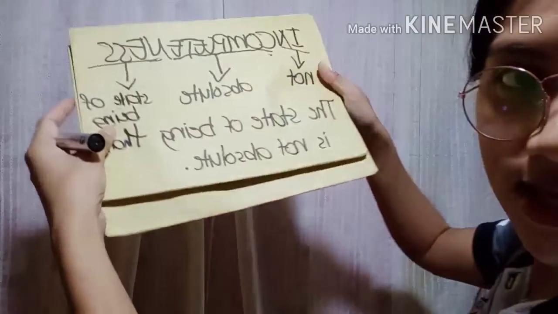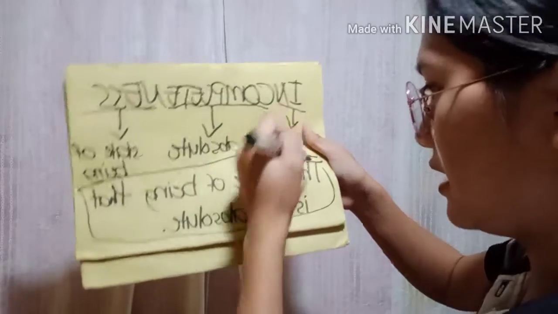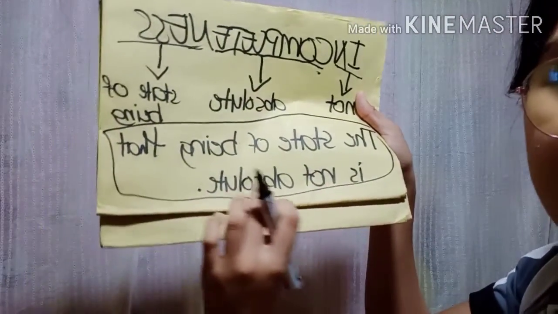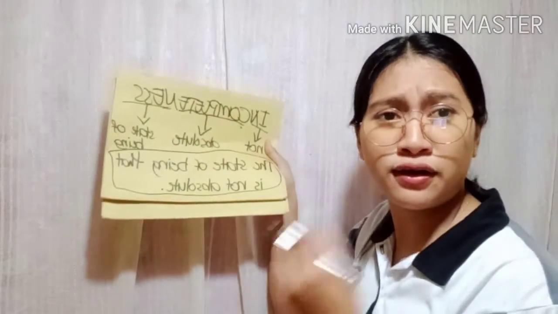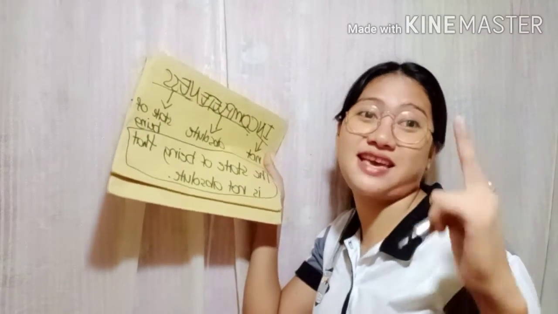This is the meaning of the word incompleteness: the state of being that is not absolute, or incomplete. So that was the first example.